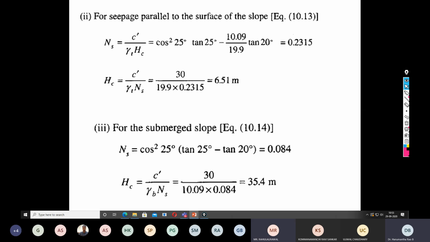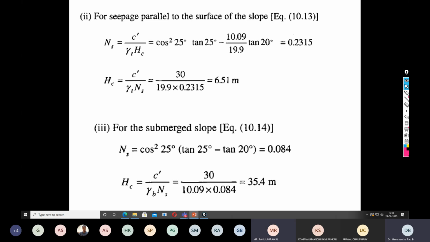Sir, slope stability is not related to the effective stress? Under submerged condition, you can't talk about effective or total, right? See, it's no more drained condition. Yes, sir, no drainage.